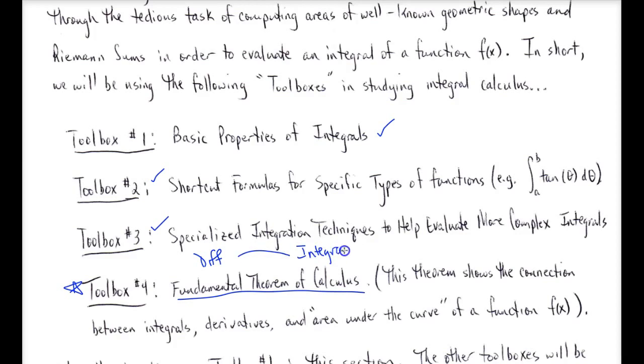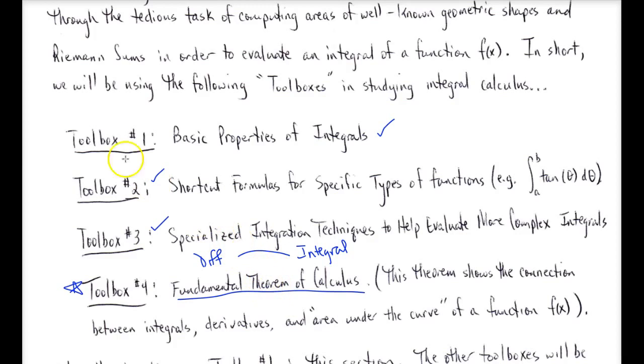In every subject in math, there is a fundamental theorem that sort of brings everything together. For calculus, it is the fundamental theorem of calculus, and we'll see that it has two parts to it. With those two parts, it allows us to go back and forth from differential calculus to integral calculus and to be able to interpret and relate those two together in their own geometric interpretations.